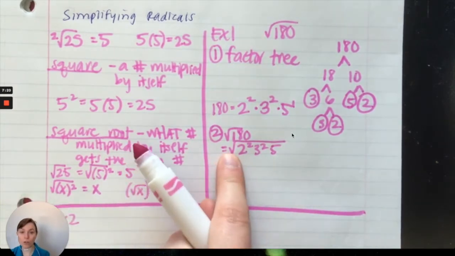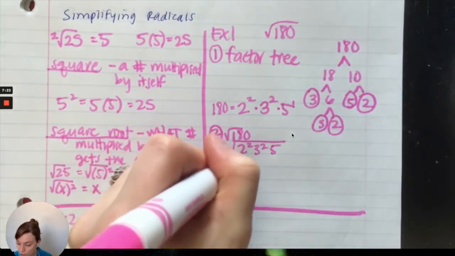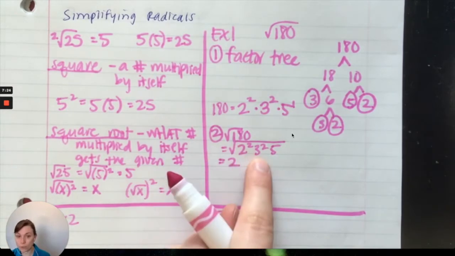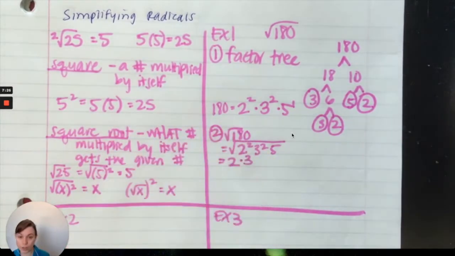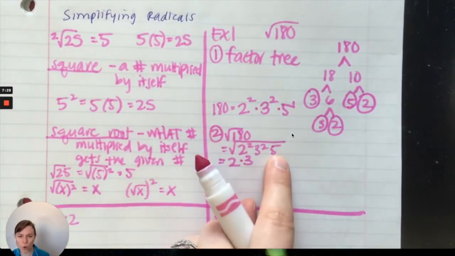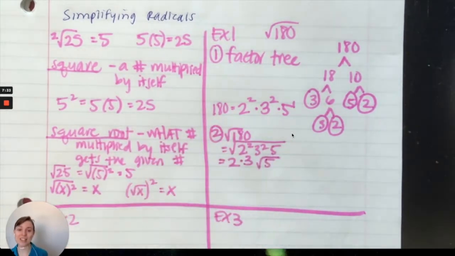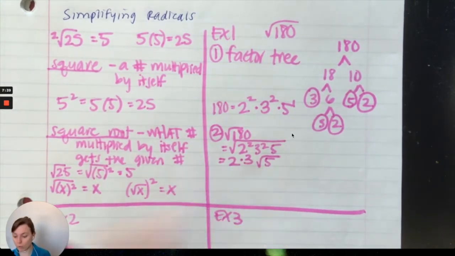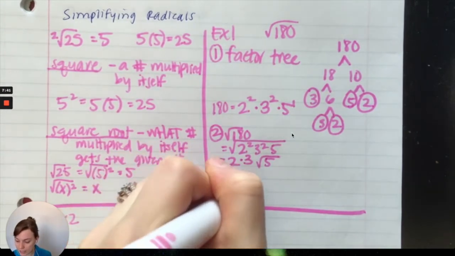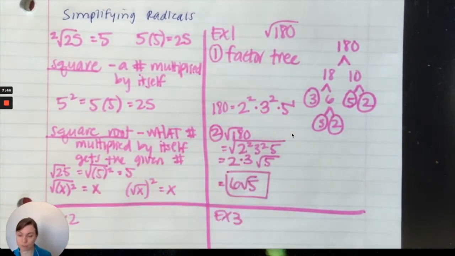So the square root of 2 squared is 2. The square root of 3 squared is 3. The square root of 5, oh wait, that's not squared. So that actually has to stay inside of my radical because it doesn't have another pair to then find the inverse. It's not being squared, so I can't do the inverse operation of this square root. And then I simplify this and I get 6 square roots of 5 as my final answer.